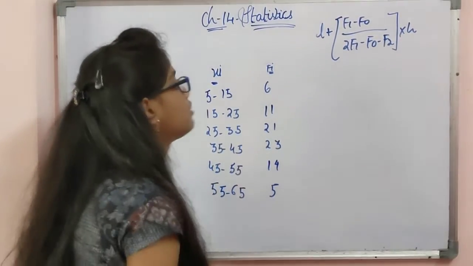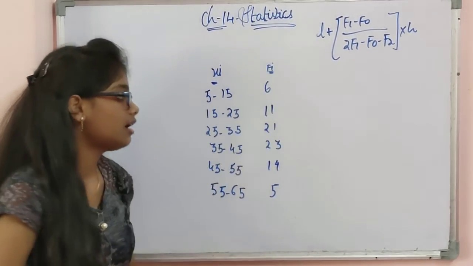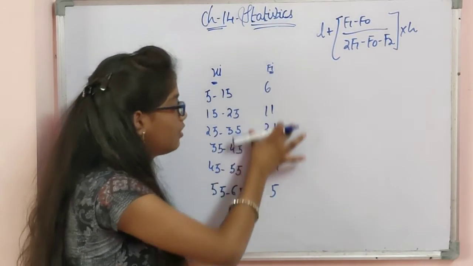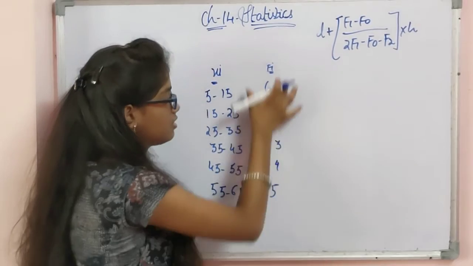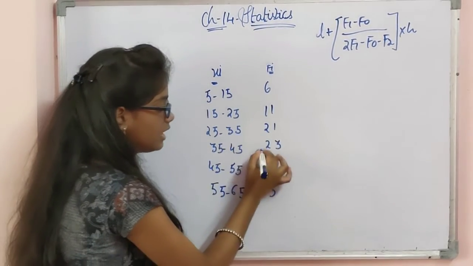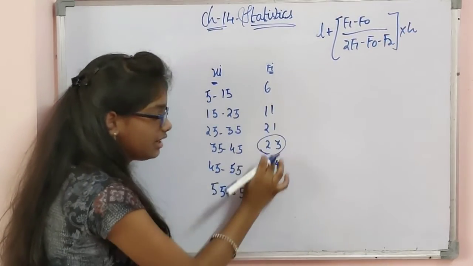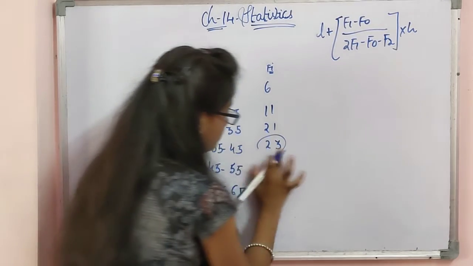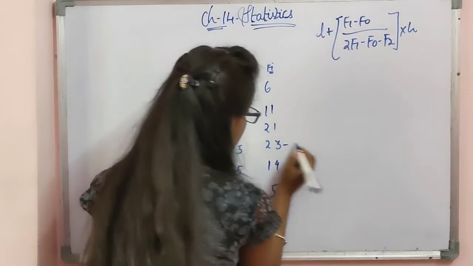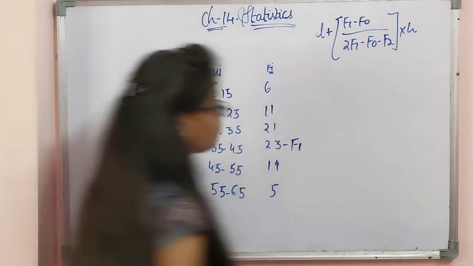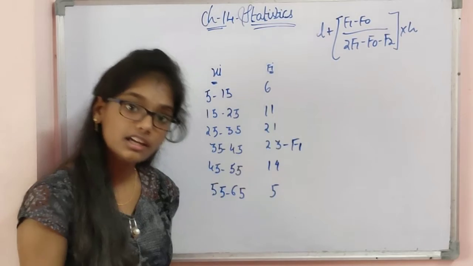So first L. First we have to find F. So this is the highest frequency. The highest value is this one, so this will become F1. And what do we mean by F0 and F2?